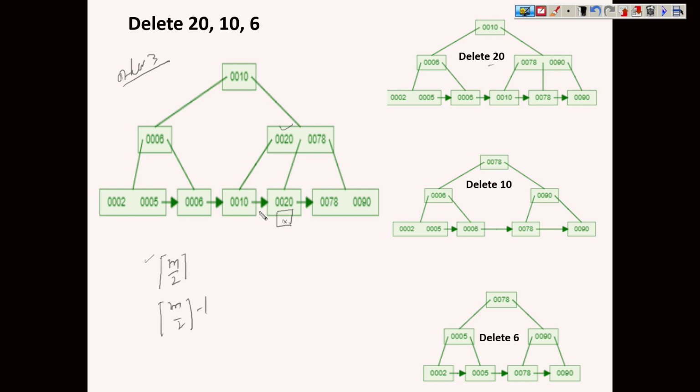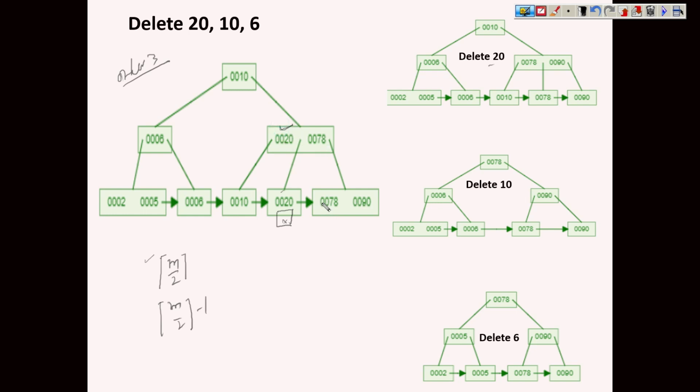So it will look to the sibling to see which sibling is going to help. Help means a sibling that contains some extra key value that it can provide to this node so that it can fulfill the requirement. We have 20 here, we have only one value. Now we look to this, that we have 78 here. 20 is to be removed, this is to be noted here.